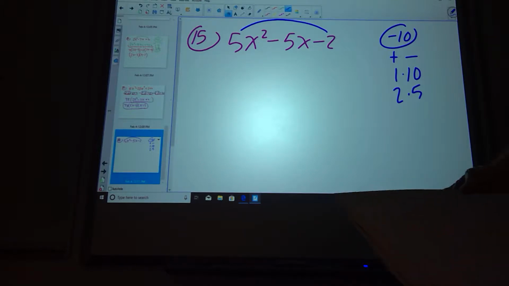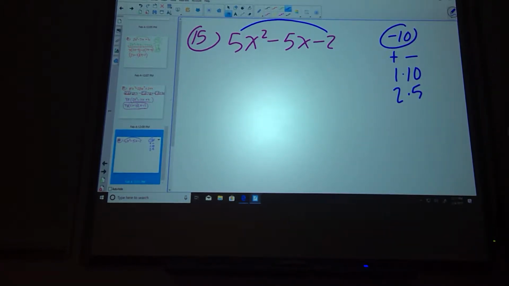Does it look like I can blend any of those numbers together, whether one's positive, one's negative, to add up to negative 5? If I combine the 1 and the 10, if one's positive, one's negative, I either get an answer of positive 9 or negative 9, so that's not negative 5. If I do the same thing to the 2 and the 5, make one positive, one negative, I either get positive 3 or negative 3. Are there any other factors of 10 I should think about? So this one won't factor.